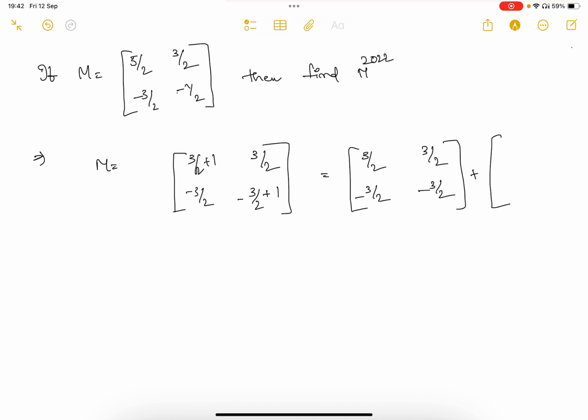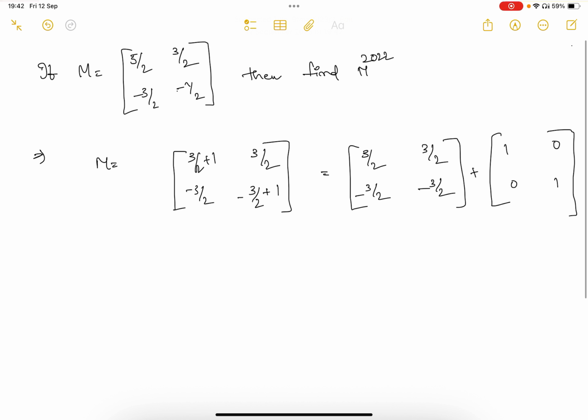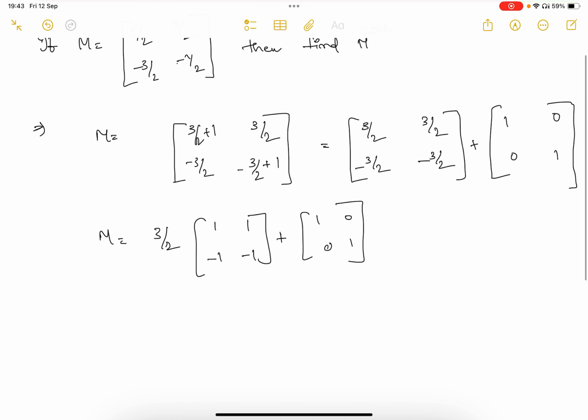Plus here it's 1, here it's 0, here it's 0, and the last part is 1. So the matrix M can be written as M equal to, if you take 3 by 2 factor out of this first matrix, then this will be 1, 1, minus 1, minus 1, plus 1, 0, 0, 1, which is the identity matrix.